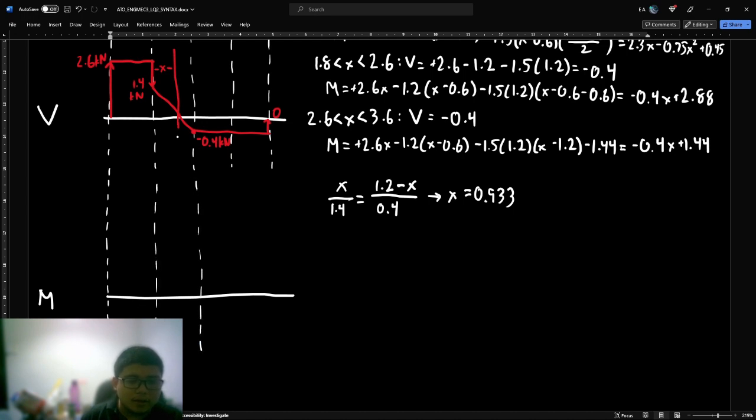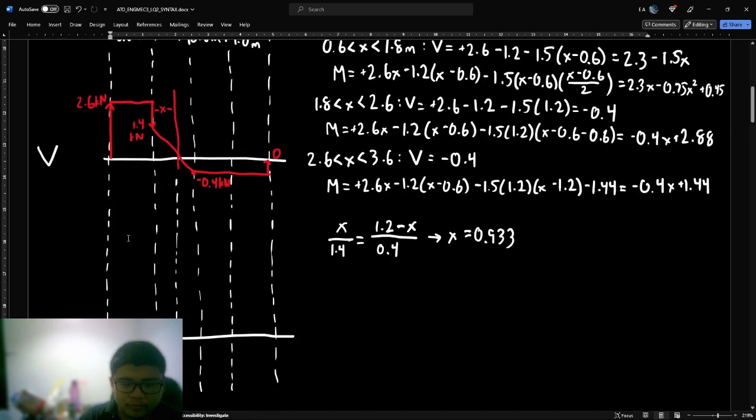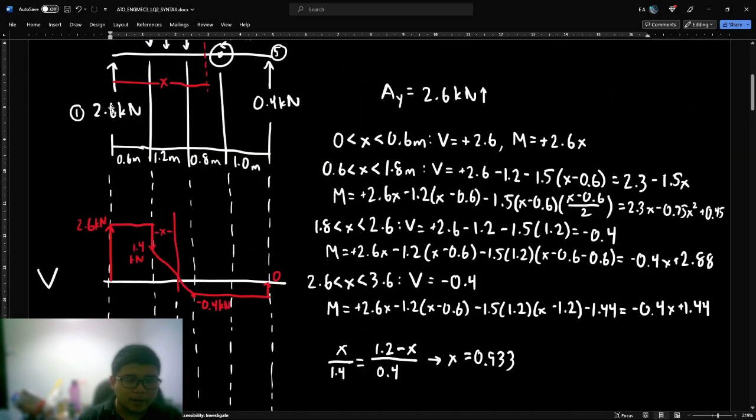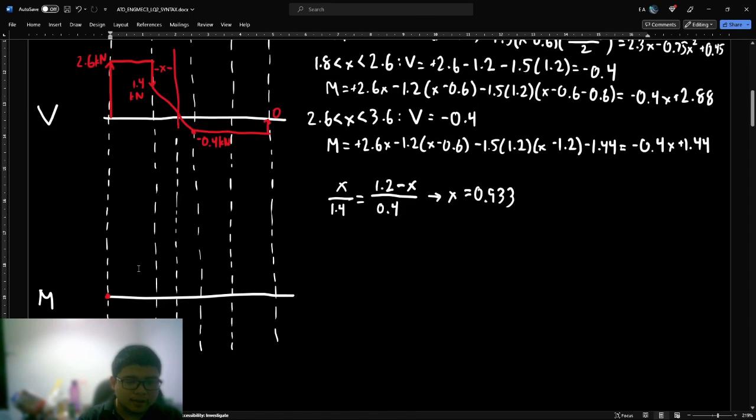Now, it's really important to not forget the additional x right here. Now, let's go from here. At point 1, there is no external moment, so it stays at 0.